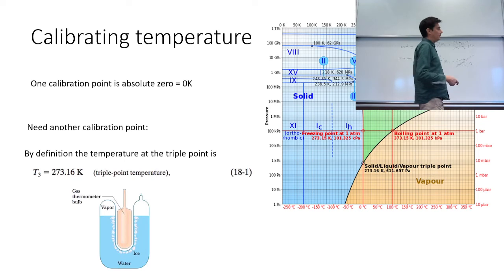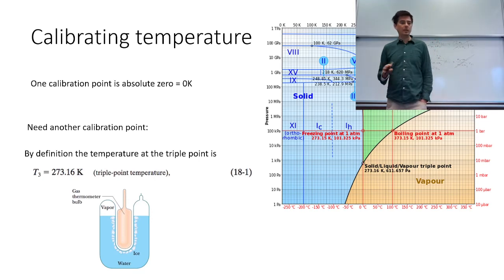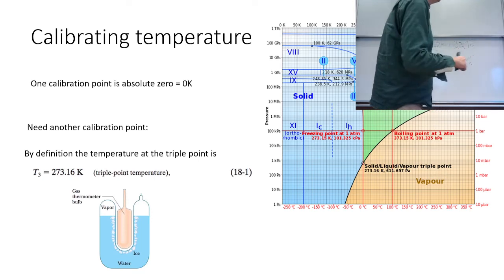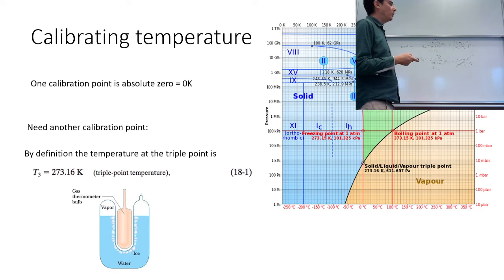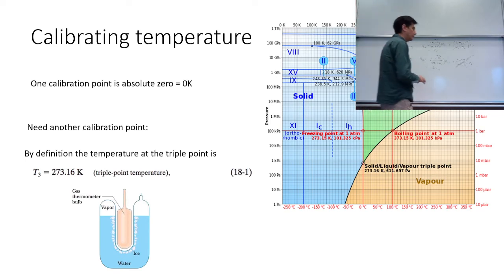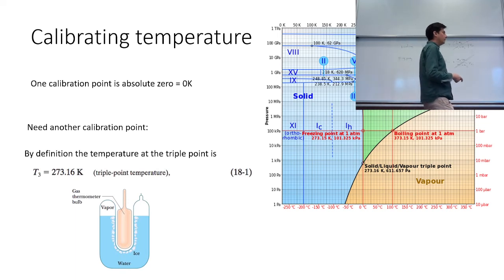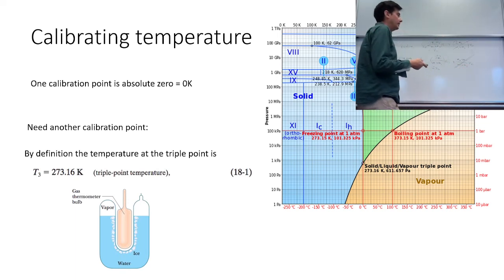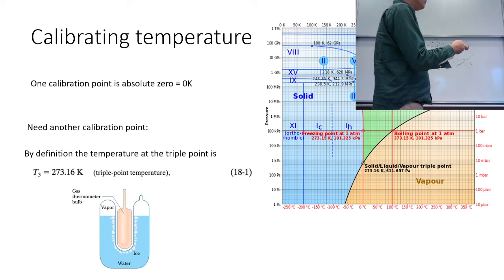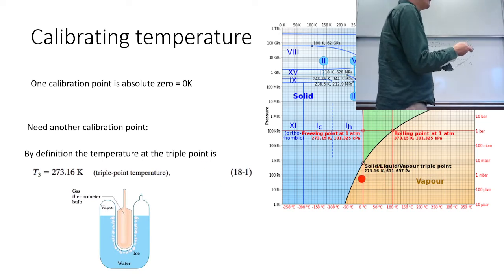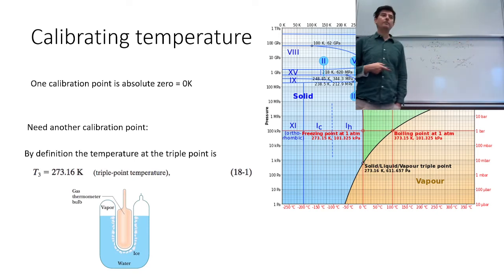But if you wanted to take out this pressure dependence, then you can look at the triple point, because this takes the pressure out of the equation completely, because there's only one unique temperature and pressure where you can have a solid, liquid, and vapor all at the same time.